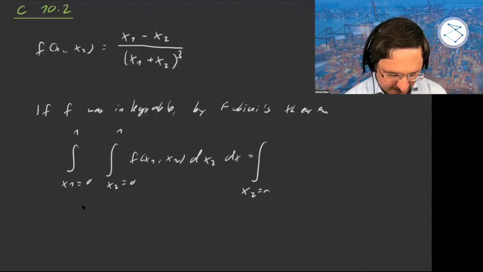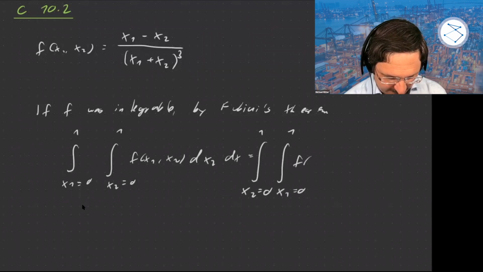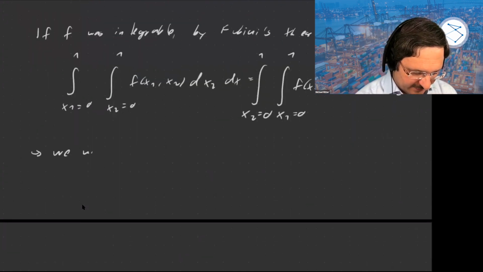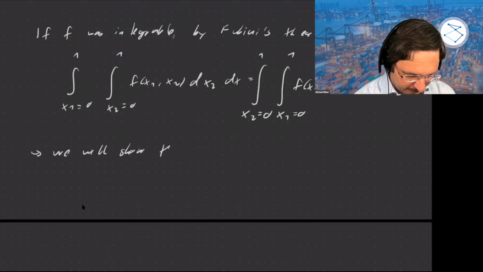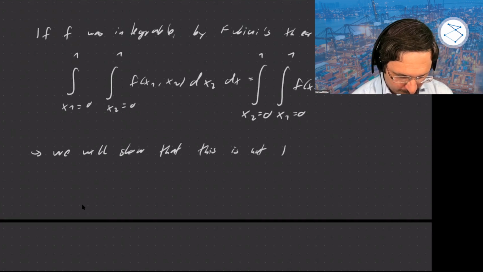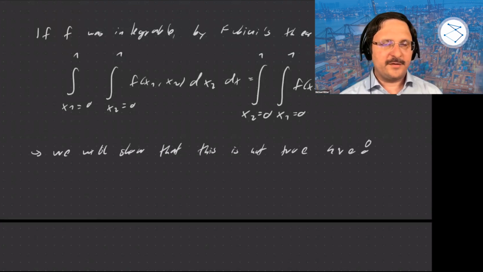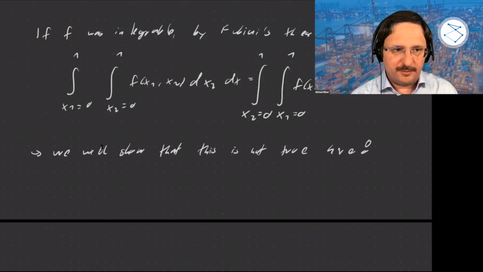So the outer integral is the x2 integral, and the inner integral is the x1 integral, f of x1, x2, dx1 dx2. And we will show that this is not true here. So that's the basic idea in that problem here.